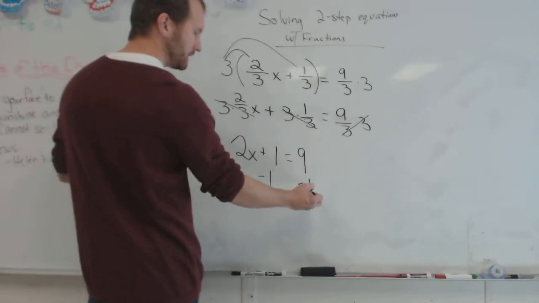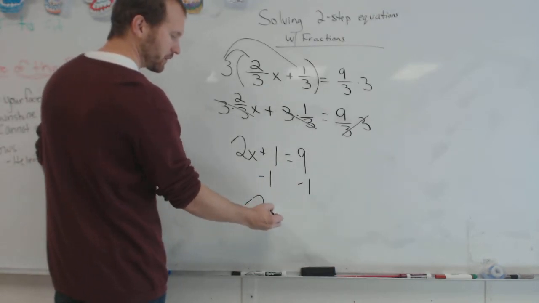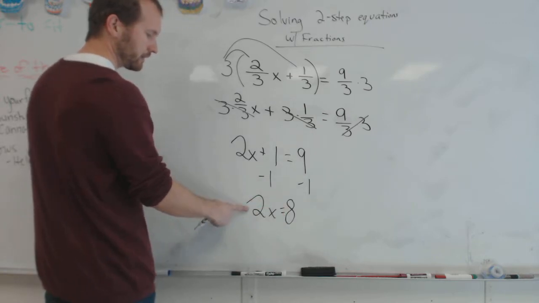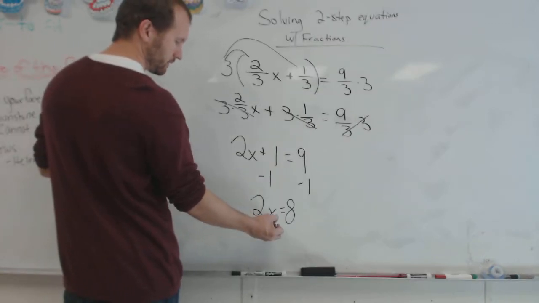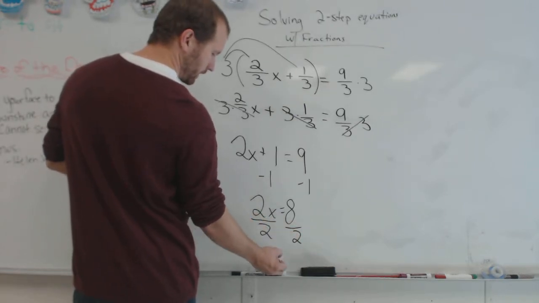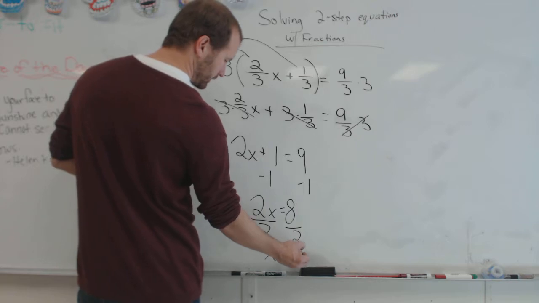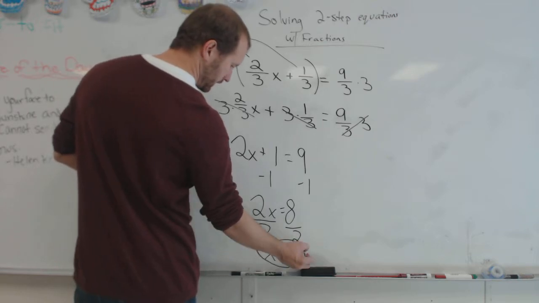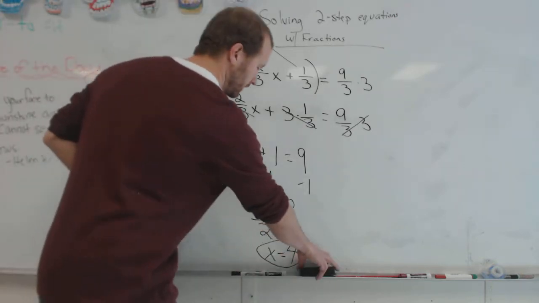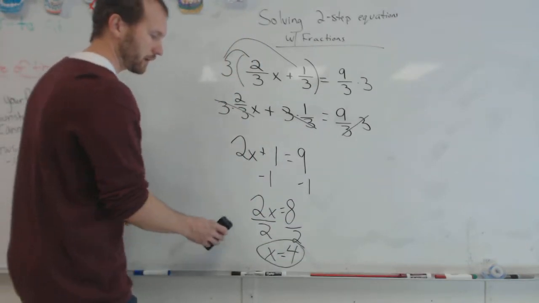Subtract 1 from both sides. 2x equals 8. And then divide by 2. 8 divided by 2 is 4. x equals 4. Oh, it's so simple.